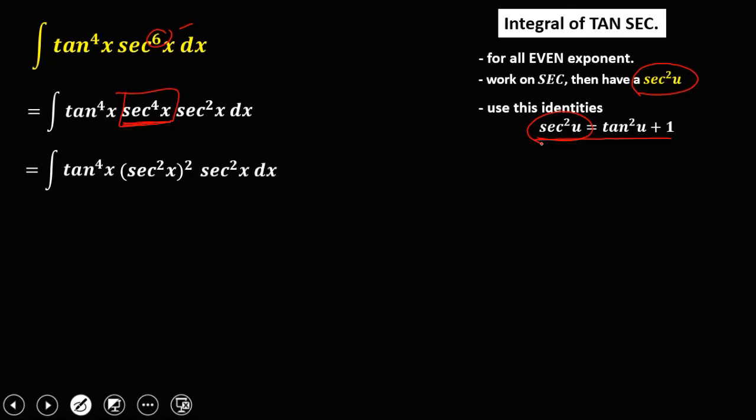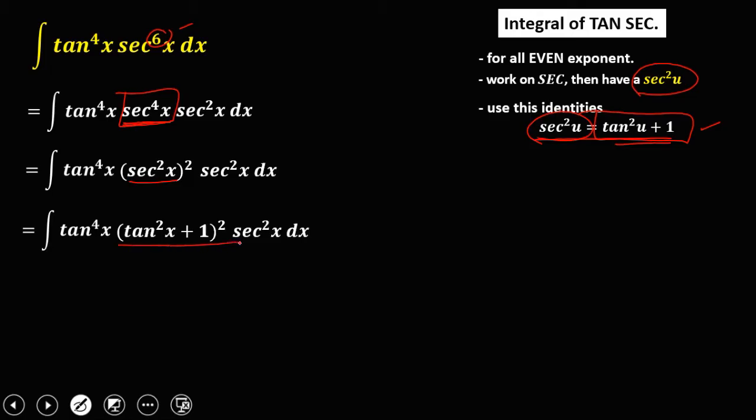Then using this identity, substitute tangent squared u plus 1 for this secant squared x. So we have now tangent to the power 4x times tangent squared x plus 1 to the power 2. Then bring down the secant squared x dx.